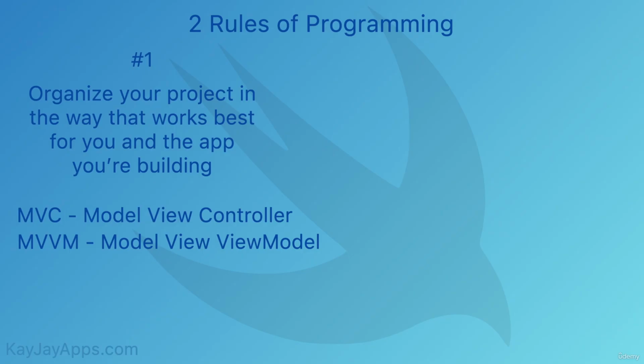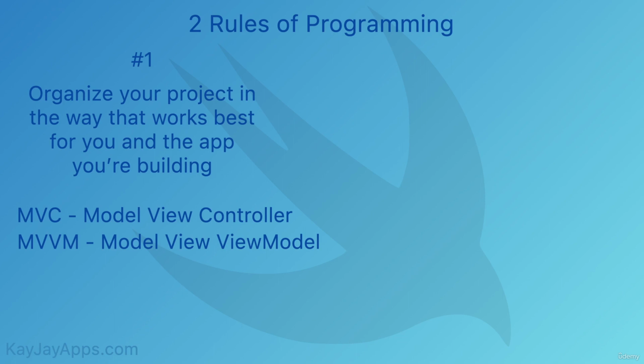I'll have another lesson that goes into more detail on both of these, but for now, just be aware that if you're working with a team on a serious iOS project, most likely you'll need to follow some best practices from one or both of these design architectures. And I actually follow these in my projects too, so you'll be getting some good practice as we go through the course.